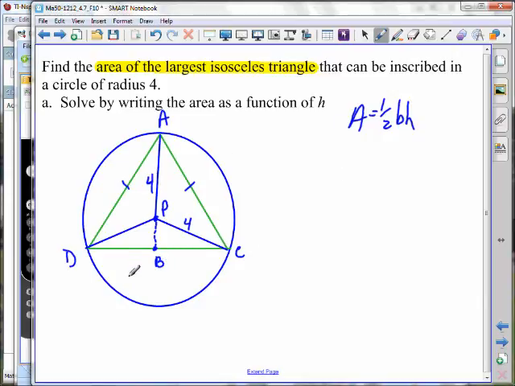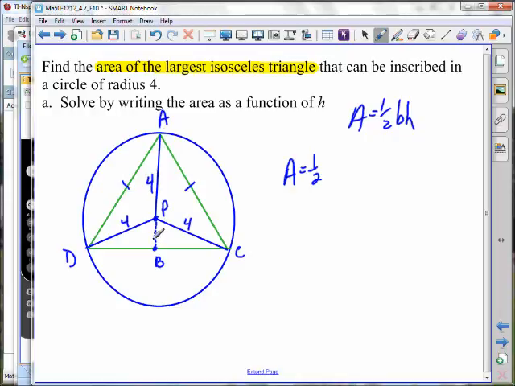H is this. According to my notes, what did I do? Does at the bottom the 2 radii that you have drawn, does it not make a triangle with the base of the other one? They're both 4, so then you figure out the other one. Okay. Find the height of that triangle. Okay.